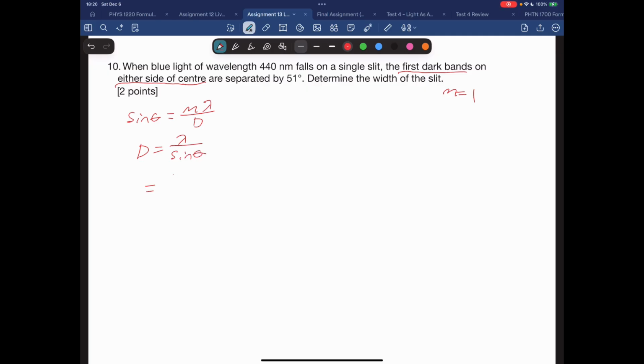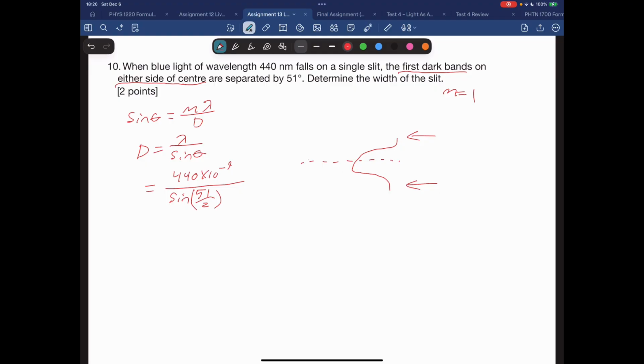Plugging in numbers. I have my wavelength up there. And this is the sine of 51 divided by 2. These are the first dark bands on either side of the center. So these dark bands are here and here.